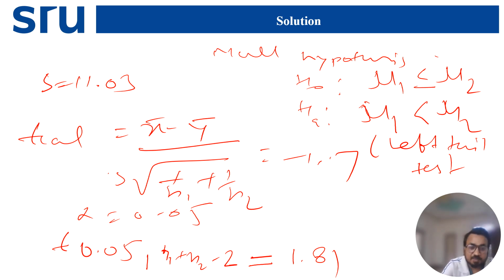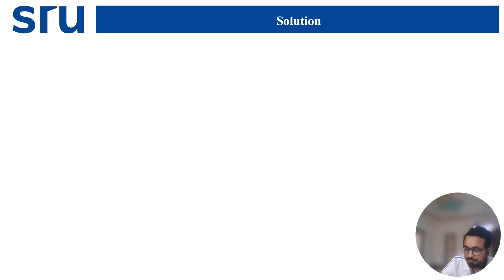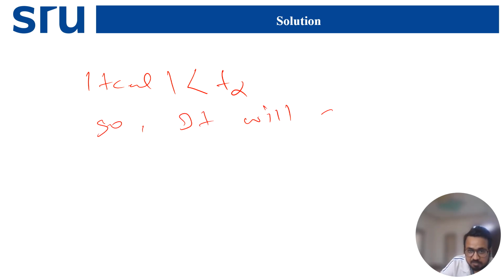So now the mode of the calculated t value is strictly less than t alpha, so it will accept H naught.